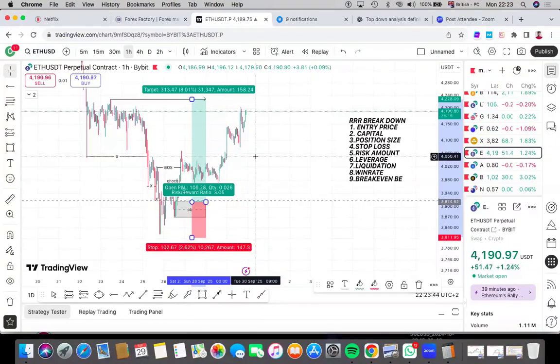You are not actually making any money. Okay? But if your win rate is around 60%, it's not bad. 65% is good. If you are having a 65% win rate, you are a good trader. It means you are a good trader.